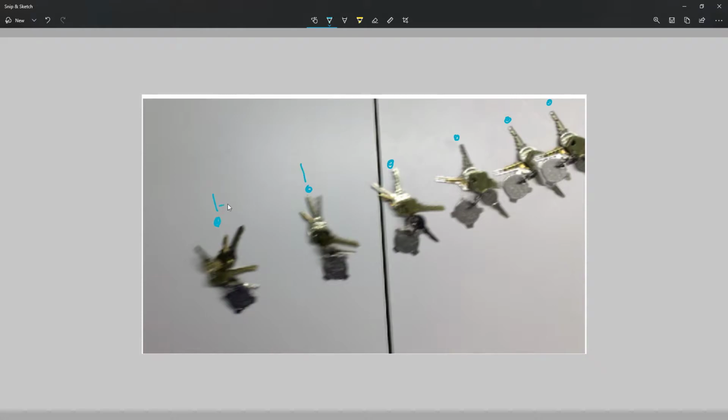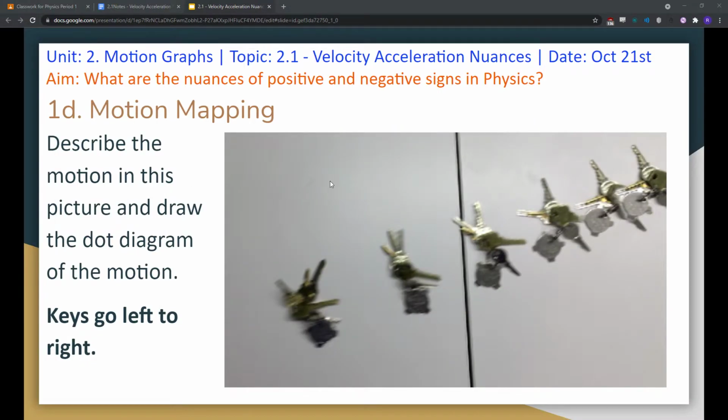If we were to draw a dot diagram of these keys, you can clearly see that the object is slowing down. As you go from left to right, the distance traveled each second is decreasing, which means you are slowing down here. You're traveling less distance each second. So you are slowing down.